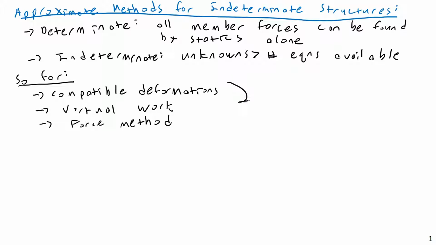And really, all of these rely on the area of the members, the modulus of elasticity, the moment of inertia of the members. So they all depend on exact member stiffness.